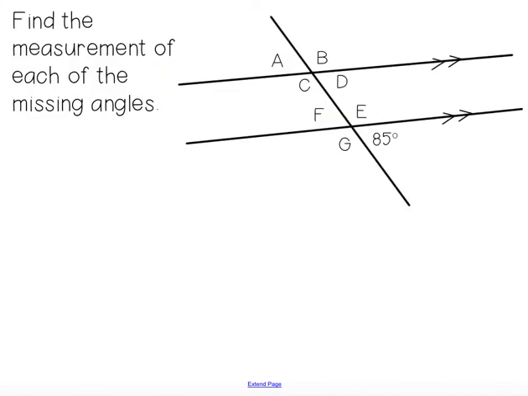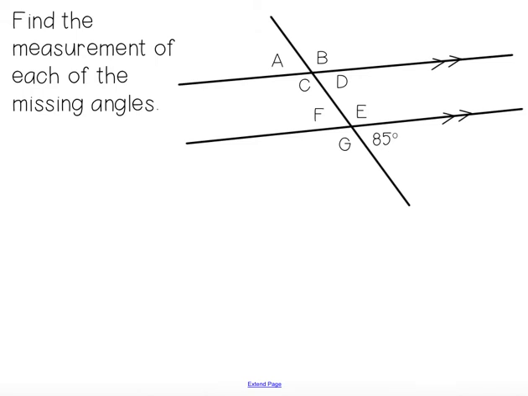Okay, then we have the angles in a transversal, and the question is find the measurement of each of the missing angles. So A, B, C, D, E, F, and G. So we know that this angle right here is 85 degrees, and if you remember back to the transversals, basically any, I'll do a highlighter here.